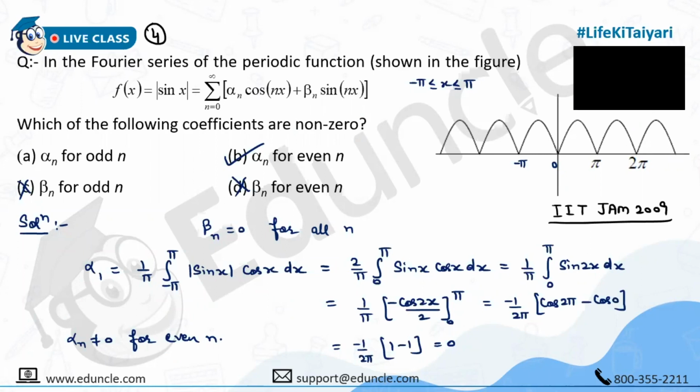And again, if you go for alpha n, you can see it will take another 5 to 10 minutes because the expression will be general and quite lengthy.